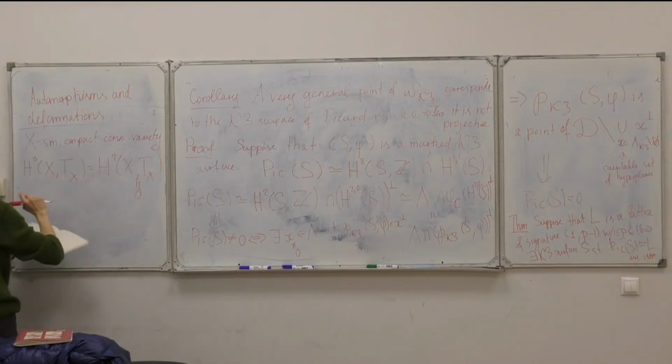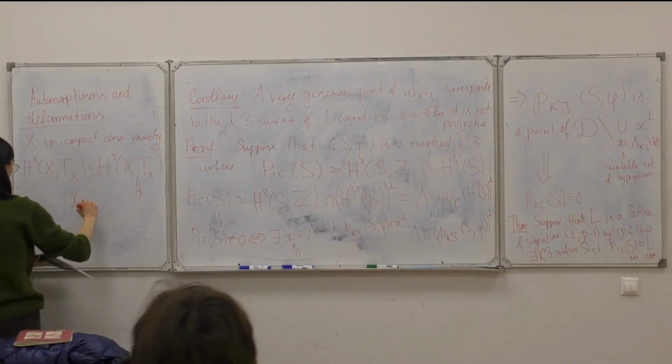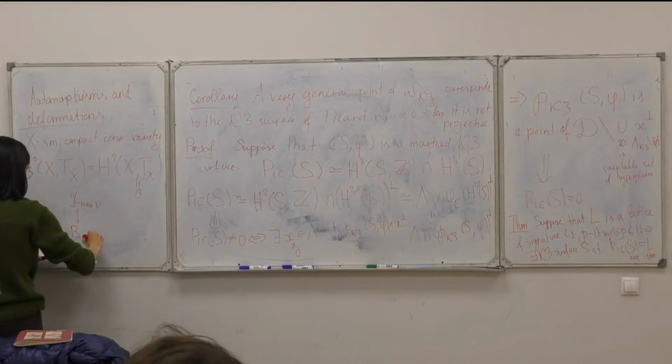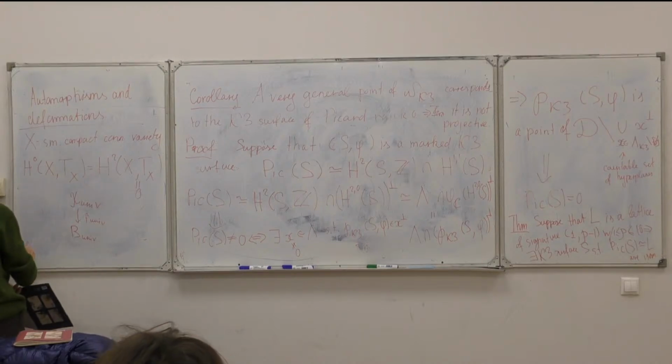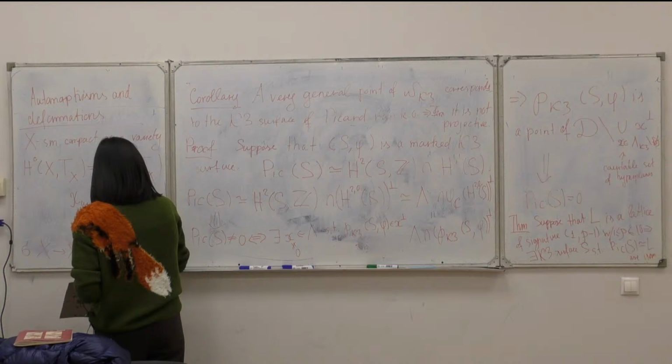So we have this vanishing, then we have a universal family, the universal deformation of X. And now suppose that we have an automorphism of X.